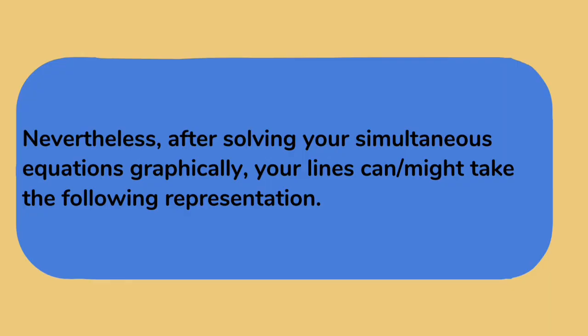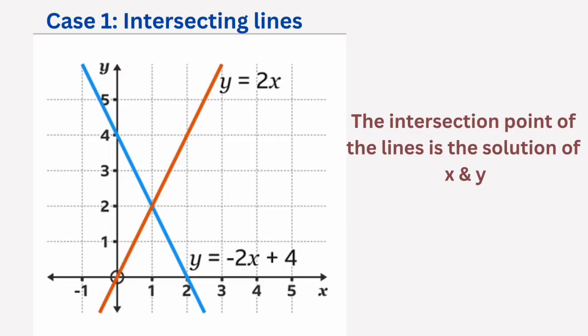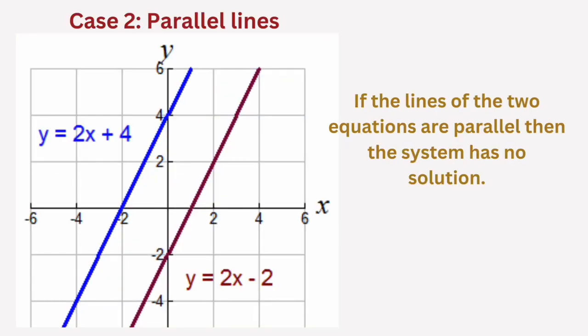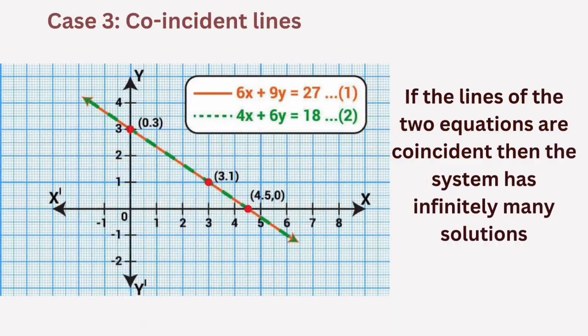After solving your simultaneous equations graphically, your two lines can take the following forms. When your two lines intersect one another, this shows that the solution of x and y is the point of intersection. If the two lines are parallel to one another, this indicates that your graph does not have a solution.